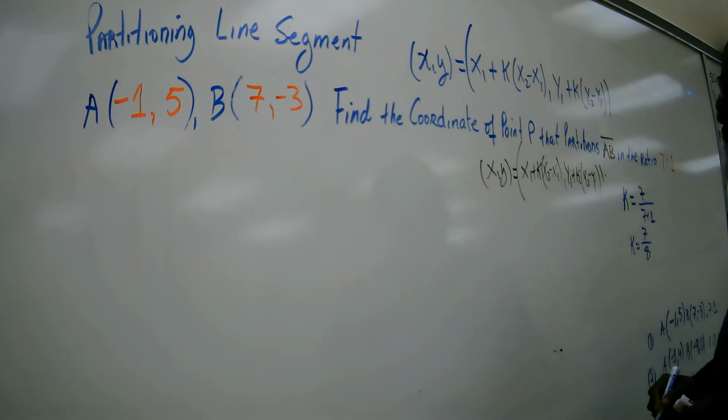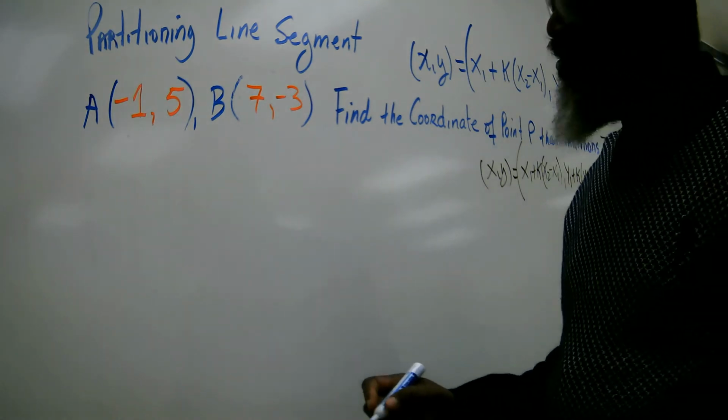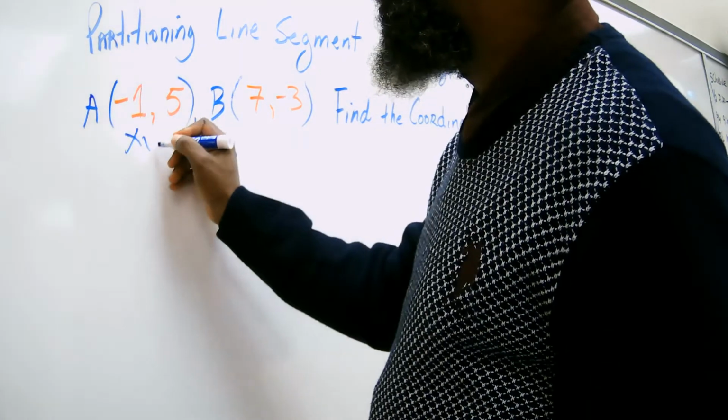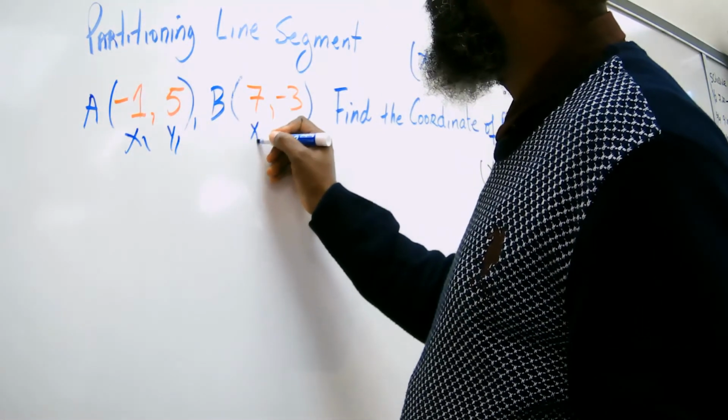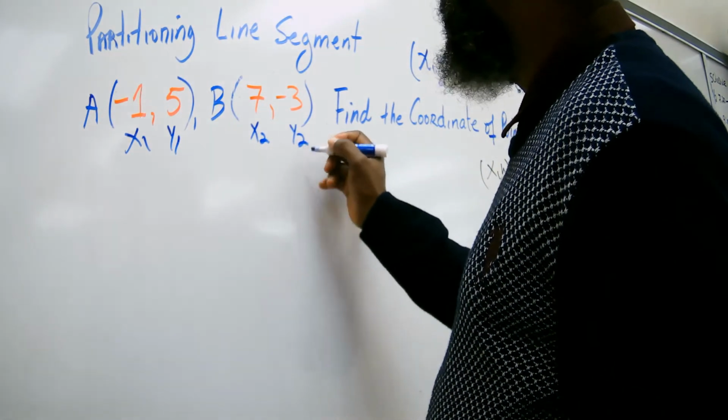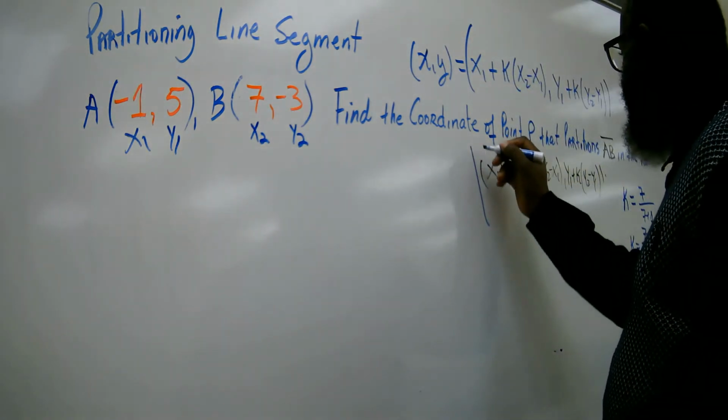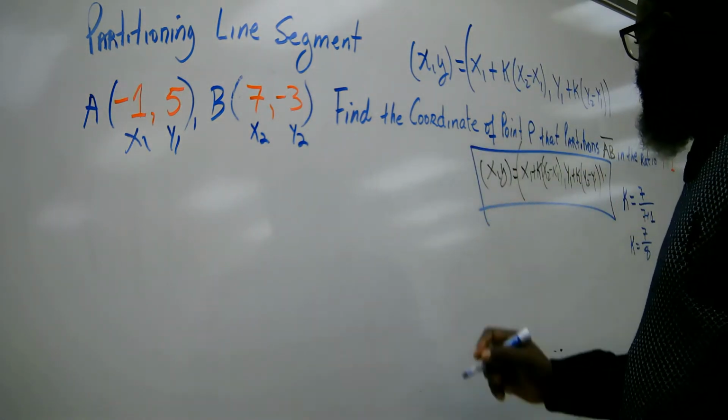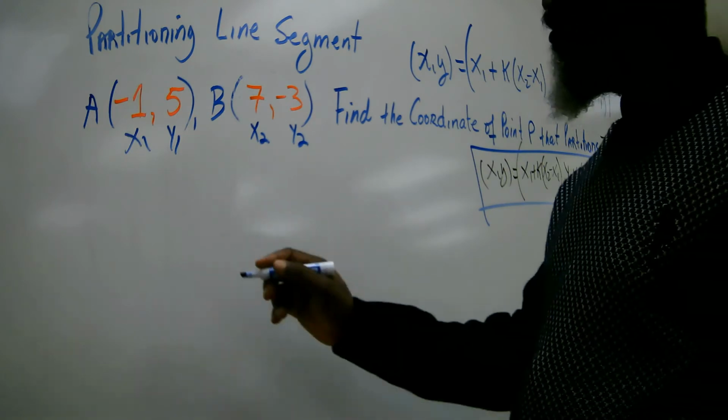Since we know that, we can label this as x1, y1, x2, y2. Then this is our formula to find the point based on that. In this case, x1 is negative 1.